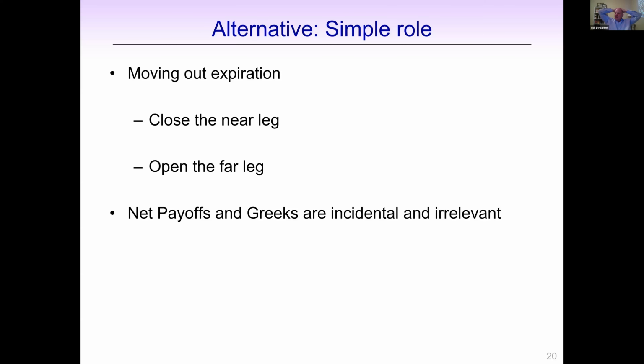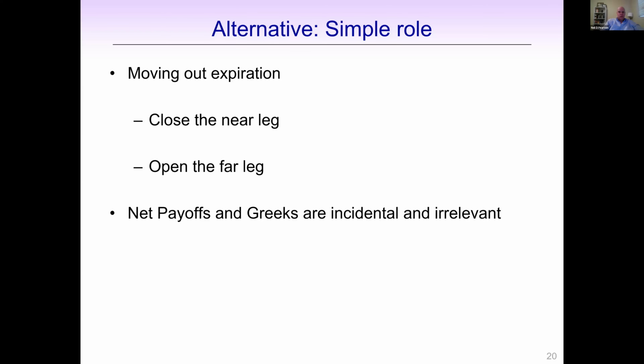So you actually aren't interested in the risk exposure of the calendar spread; you use the calendar spread to close one simple position and open another simple position. And it's very clear in the case of the calendar spread why you might want to do that with an option that's close to expiration.